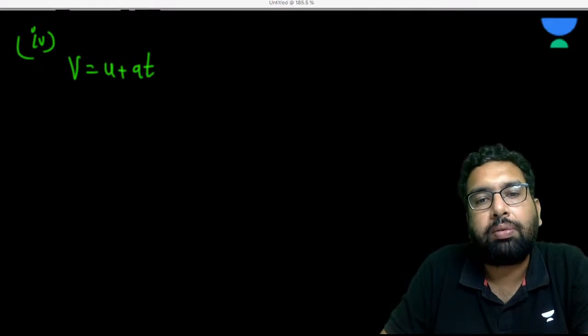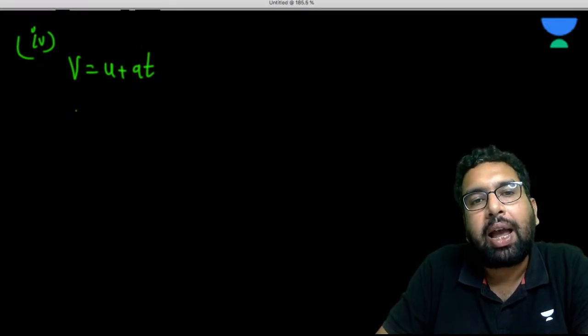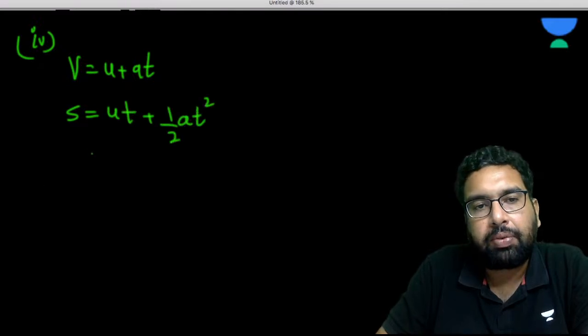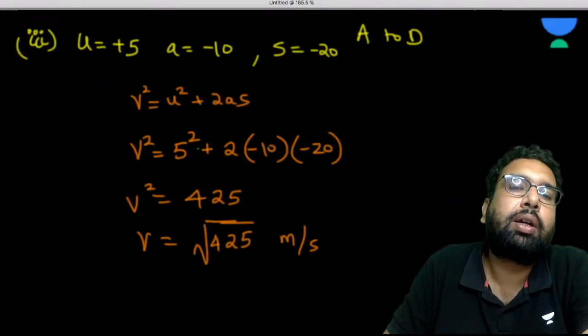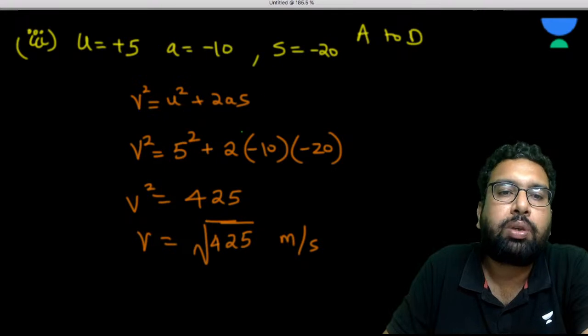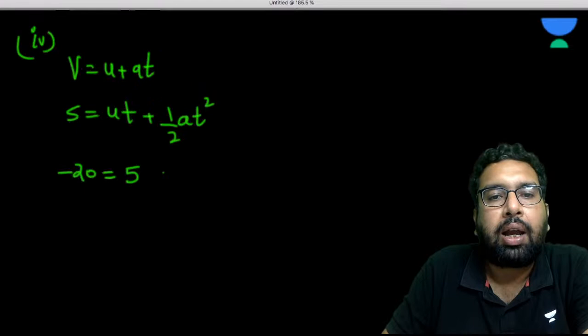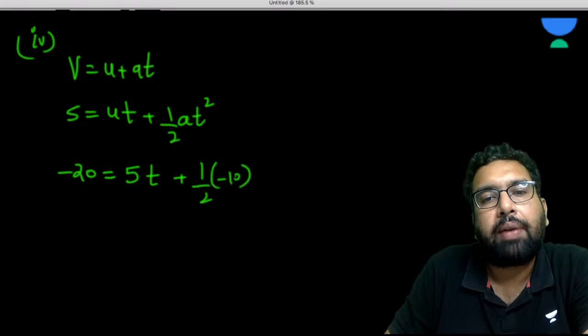Or we can use the previous equation that I was using, s is equal to ut plus half at square, isn't it? So as we have, that is minus 20. Suppose this question did not ask for the final velocity, we must have chosen this equation. So u is equal to 5 and this is t plus half, this is minus 10 and t square, right?